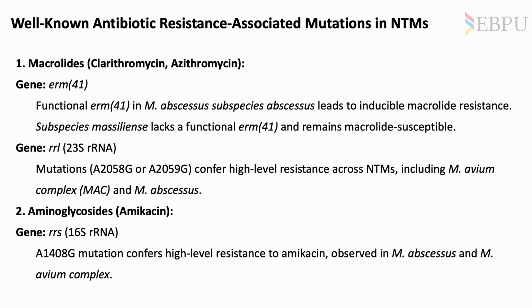And for amikacin resistance, the rrs gene or 16S rRNA mutation at position 1408 is a key marker seen in both M. abscessus and MAC. So these are the markers that are critical for predicting resistance using genotyping data.